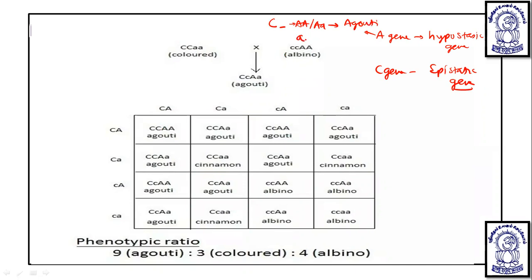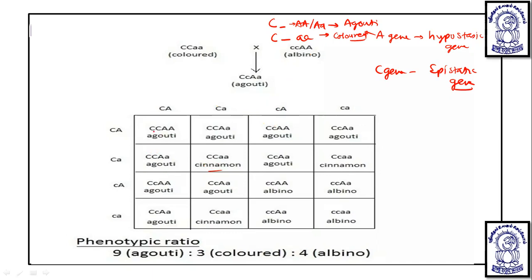But when it is small a along with the capital C, then it is going to produce what? Colored, that is cinnamon. But when the C gene becomes recessive along with capital A or small a, then it is going to be albino.